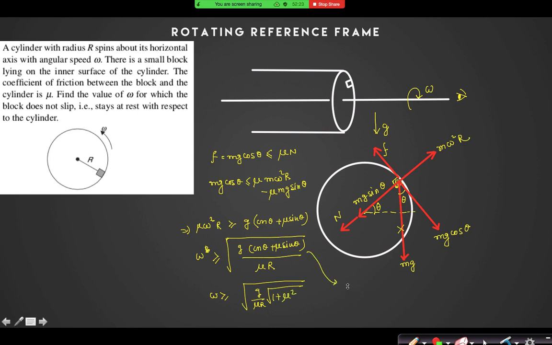If I differentiate it, it is minus sine theta plus mu cos theta equal to 0. So I can say that tan theta is equal to mu. If I now put the value of cos theta and sine theta in terms of mu, you will find it will be 1 plus mu square by root over of 1 plus mu square. That is nothing but root over of 1 plus mu square. That should be the answer for this question.